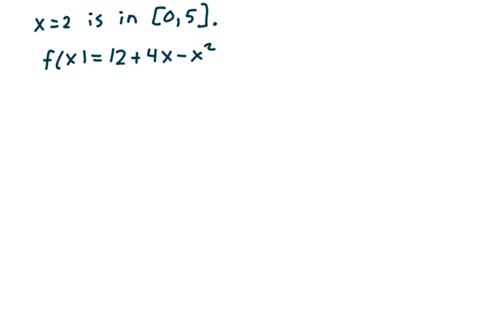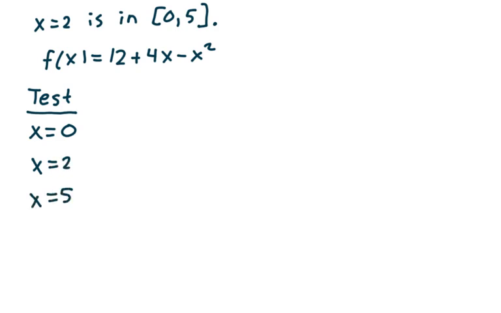And we want to test the endpoints, namely x equals 0 and x equals 5. And we want to test any critical number that is inside the interval. So in our case, we're going to test x equals 0, x equals 2, and x equals 5.